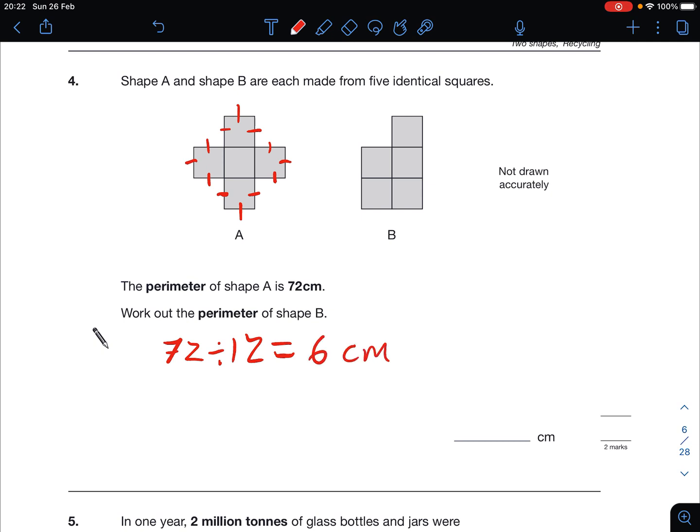Okay. So each one square is 6 centimetres, so 6, 12, 18, 24, 30, 36, 42, 48, 54, and 60 centimetres, or you could do 10 times 6 because there's 10 edges, and that gets you 60 centimetres.